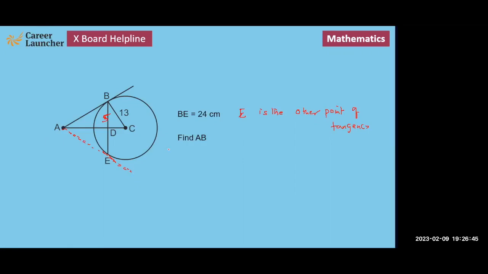Okay, चलो देखें इसको. So if E is the other point of tangency, right? If I draw this line and then compare what will happen, AC will bisect BE at right angles, right? We can easily prove this. How do I prove it?